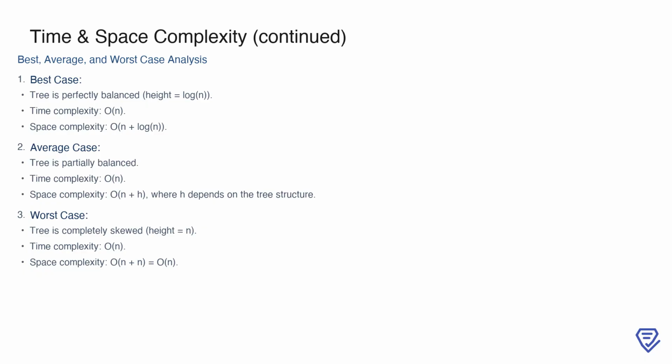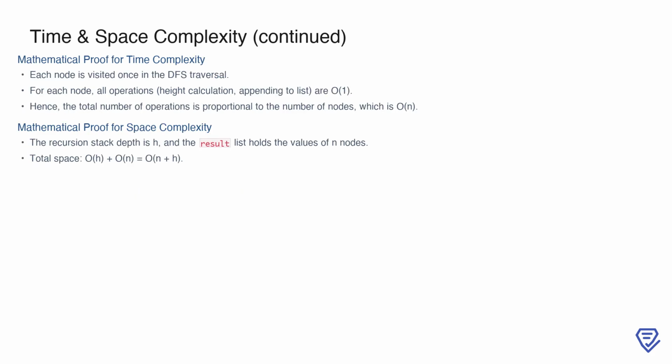For the average case, where the tree is partially balanced, the time complexity remains O(n), while the space complexity is O(n) plus h, where h depends on the specific structure of the tree. In the worst case, if the tree is completely skewed with all nodes in a single line, the height becomes n. Here, the time complexity is still O(n), but the space complexity becomes O(n) plus n, which simplifies to O(n).